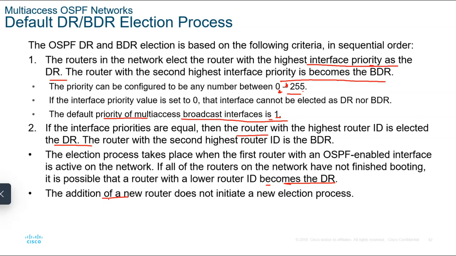But if one boots first, there is the actual possibility that the one with the lowest router ID becomes the DR rather than the one with the highest router ID.